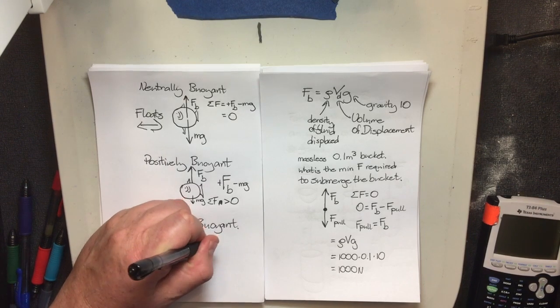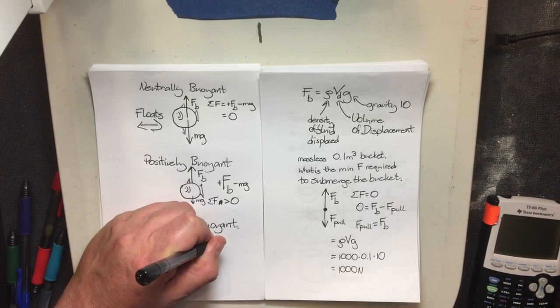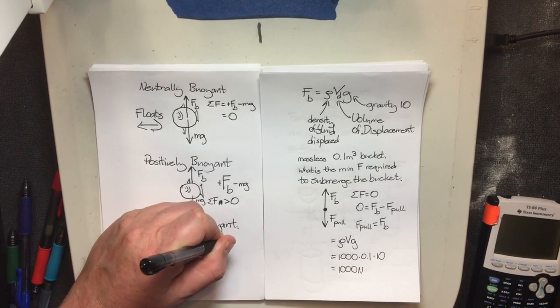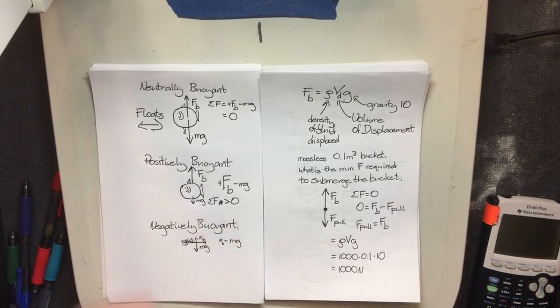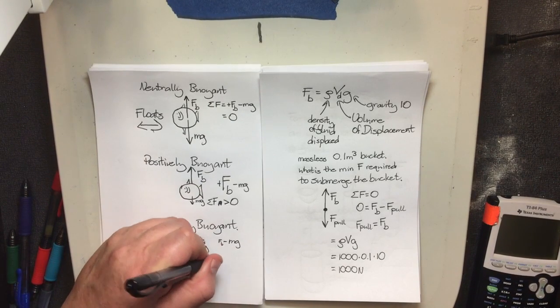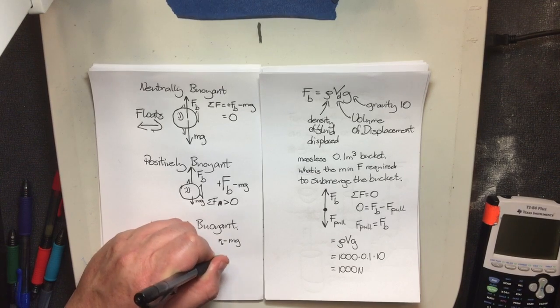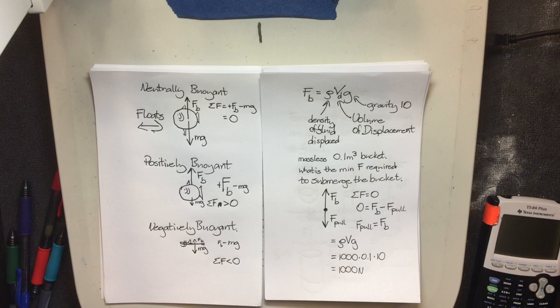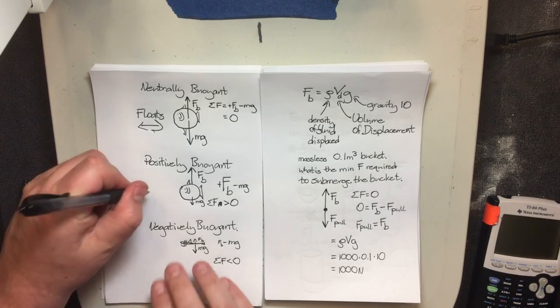So what happens is that the buoyant force is really tiny and the mass of the fish pulling it down is greater than that. So the sum of the forces is less than 0. If it's positively buoyant, it rises.